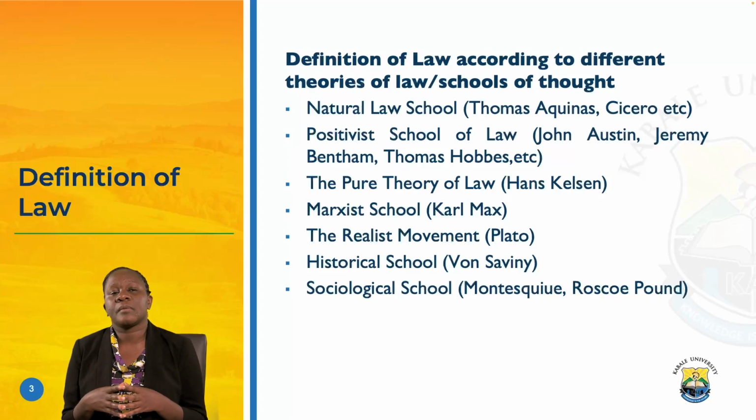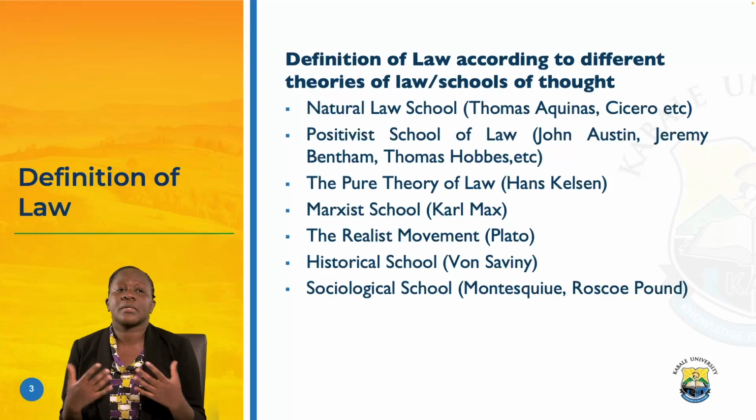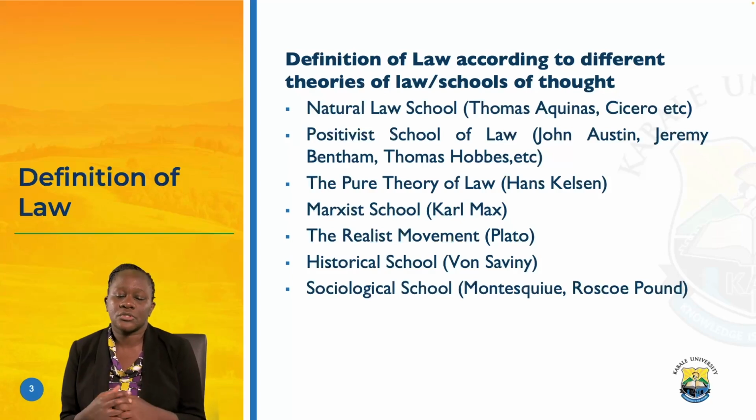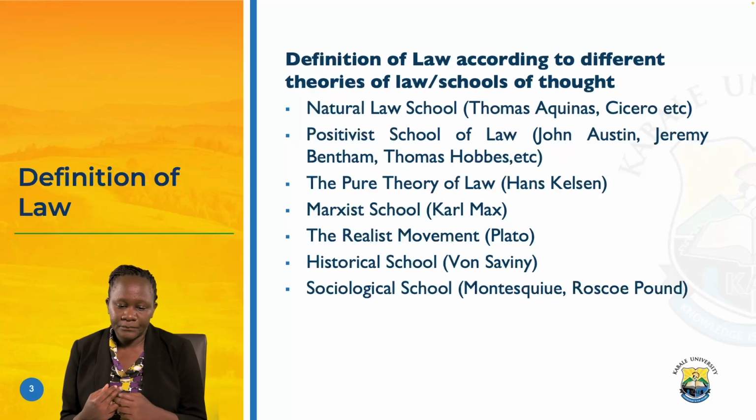Whether the people who are being governed agree with it or not, that is what becomes law. There's no room for negotiation. So according to them, whoever is in power, whoever the sovereign is, will say what the law is, and that's what will become law at that time.